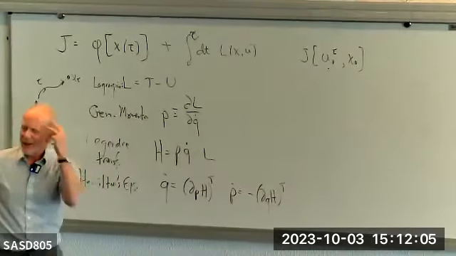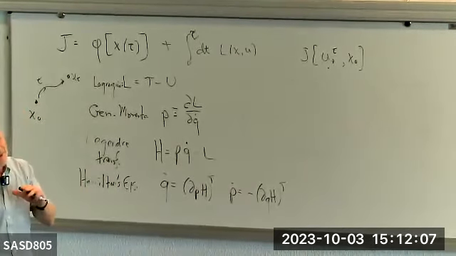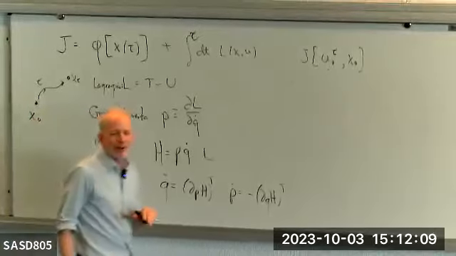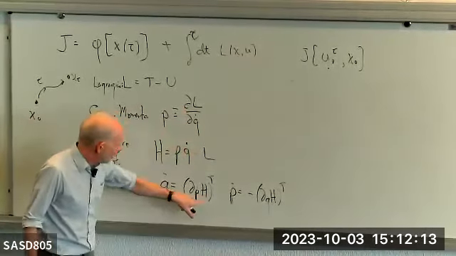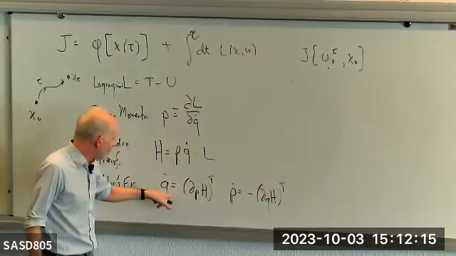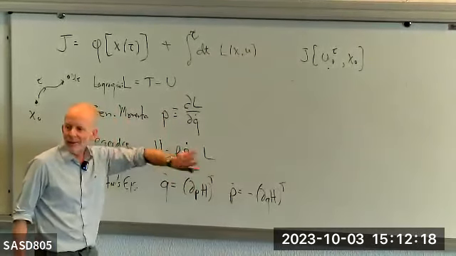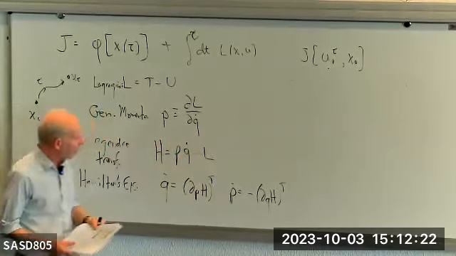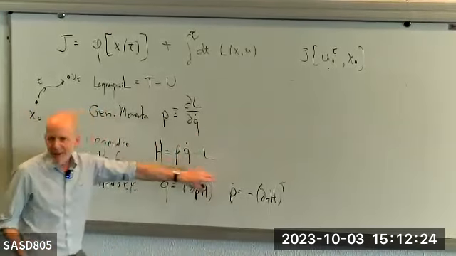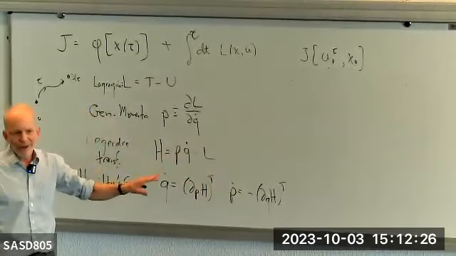The transposes are coming just because it's more engineering notation, where when we take gradients we get a row vector. If we want a column vector, we take the transpose. Up to things like that, these are just the familiar Hamilton's equations.